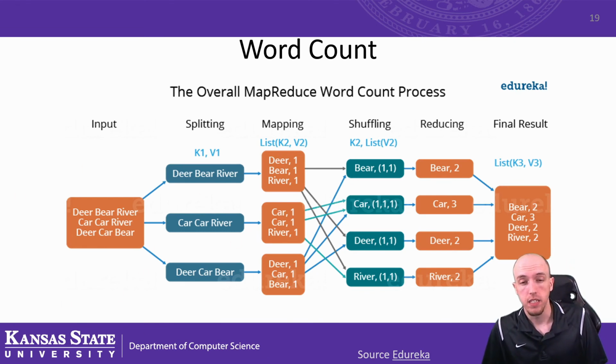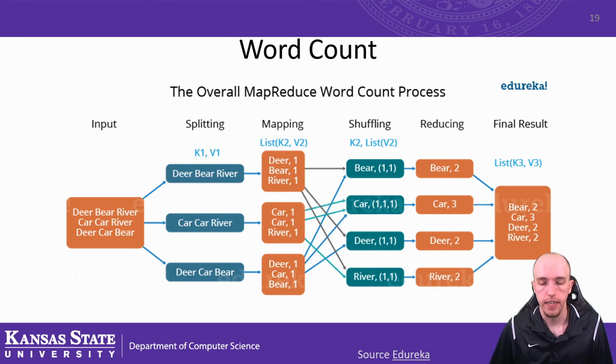But you can imagine this to be significantly faster than having one single process or one single computer doing this. We can use this on things like Beocat, a distributed computer system where we can split the data set up onto a lot of different processors and have each processor or each thread execute the mapping, shuffling, and reducing task. And then they all come back together at the end to form the final results.